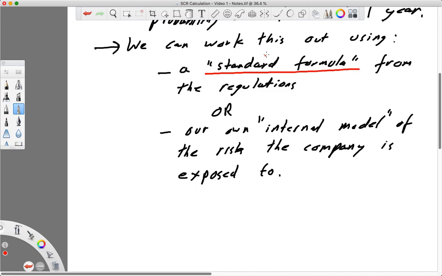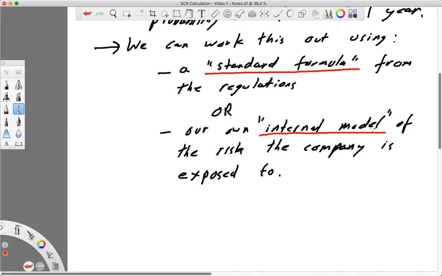So the standard formula is a big formula. It's broken up into lots of separate bits, but it's a big formula in the regulations. And if you like, this is the easier thing to do because you just follow a set of rules and you come up with the SCR and that's all you need. But you don't have to do that.